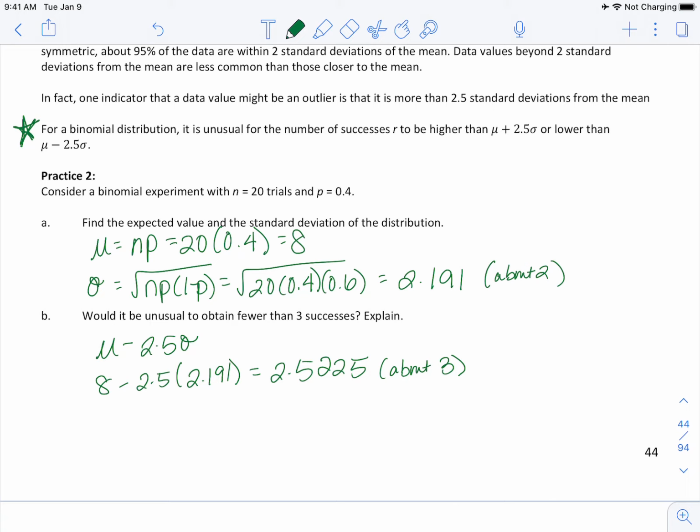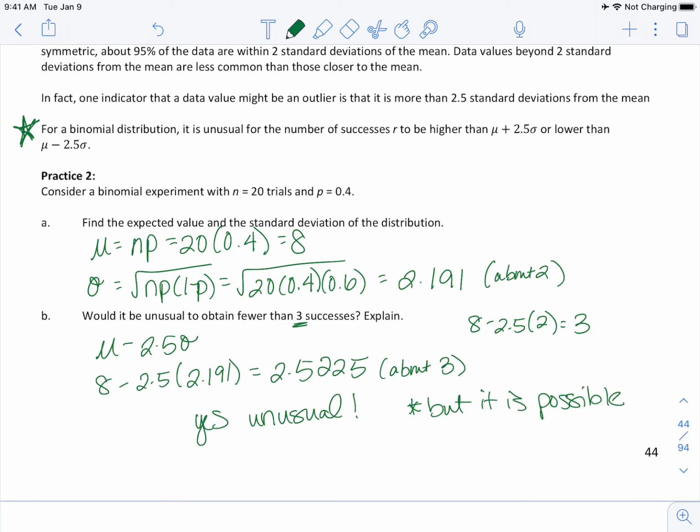So let's check with 2 just so we can see. So I could also do 8 minus 2.5 times 2, which gives us 3, right? So if I do it using the whole number, we see this is 3, 2.5225 would also round up to 3. So would it be unusual to obtain fewer than those 3 successes? Yes, this is unusual. But it is possible.